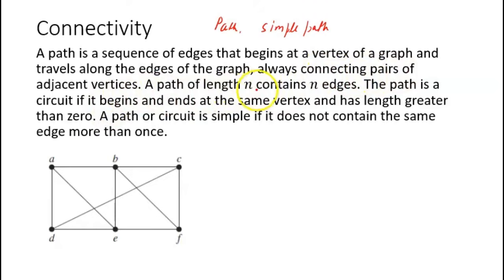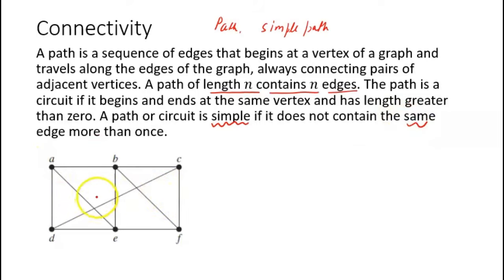A path of length n contains n edges. The path is a circuit if it begins and ends at the same vertex and has length greater than 0. A path or circuit is simple if it does not contain the same edge more than once.